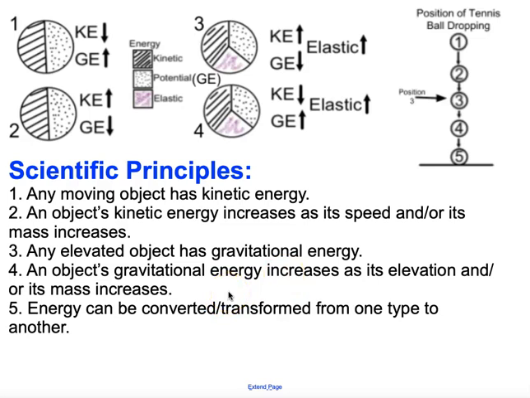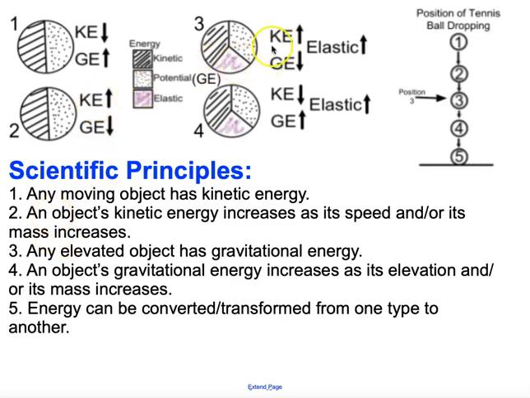So as the tennis ball at position 3 loses elevation, or you might say as it gets lower to the ground, it is losing GE because it's losing elevation. Again, that tells us, yep, this is true. So we just use scientific principle number 4 to prove this true. We use scientific principle number 2 to prove this true.